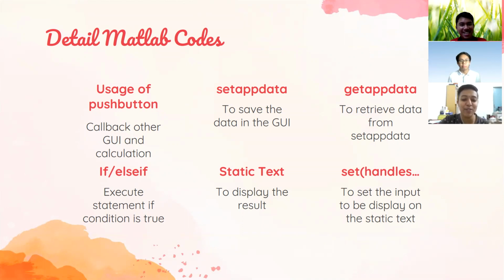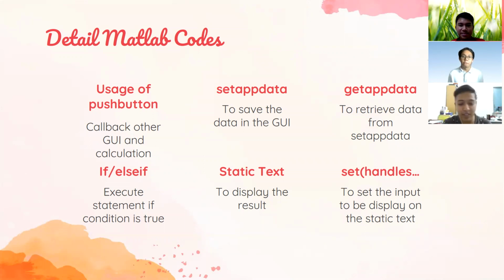Next, we have also used set app data where it is to save the data from the current tab, and also we have used get app data where it is to retrieve or to record previous data from the previous tab, and which has been saved in the set app data. And next, we have also used if else if, which is to execute the program if the input is correct, and also to not insert data beyond the condition.